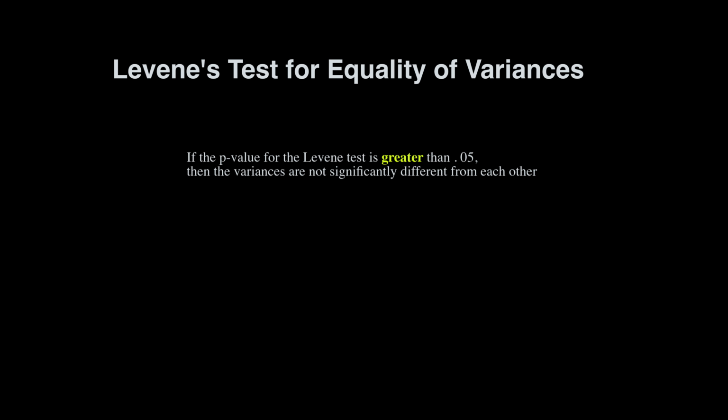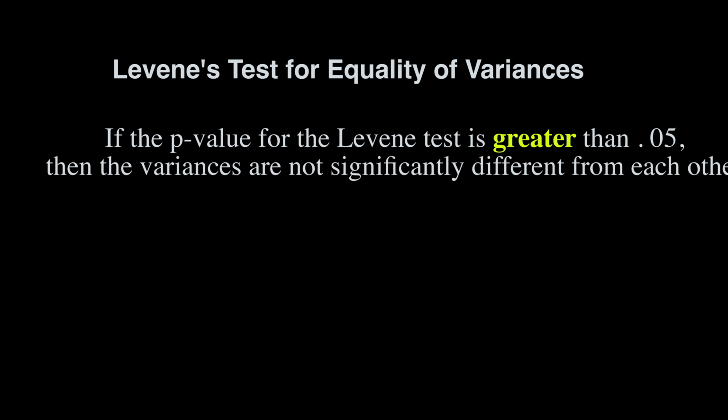Levene's test for equality of variances looks at two different things: whether equal variance is assumed or not assumed. And this is all done through a p-value. If the p-value for the Levene's test on the independent sample data is greater than 0.05, then the variances are not significantly different from each other.